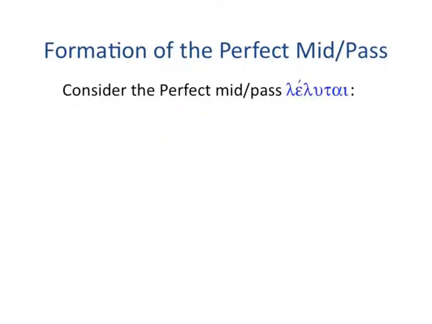Now let's look at the formation of the perfect middle passive. Again, there is one ending, just like with the present and the imperfect. There's one ending for the middle and the passive. Consider the perfect middle passive, which begins with your stem, lu, and then you have that same reduplication. What's interesting is that there is no kappa with the middle passive, but what we have instead is endings with no connecting vowel.